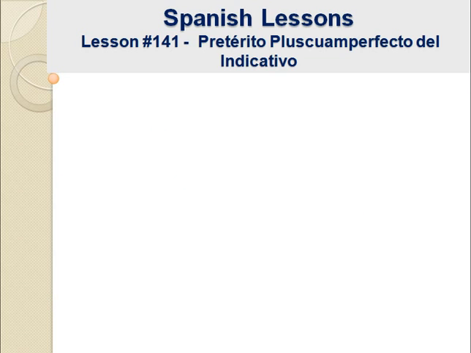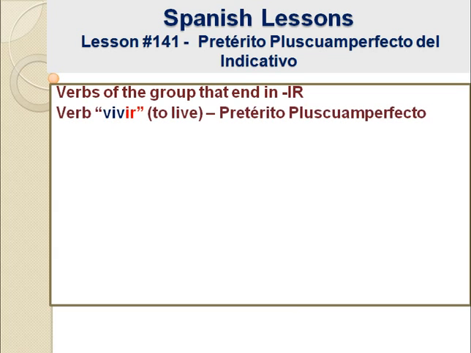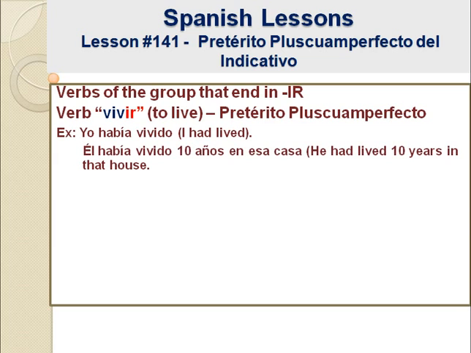So now let's finish with the third and last classification of Spanish verbs. This is the verbs that end in IR. Example, this is a regular verb of this third group, the verb vivir. Vivir means to live. Example, yo había vivido. I had lived. Él había vivido 10 años en esa casa.